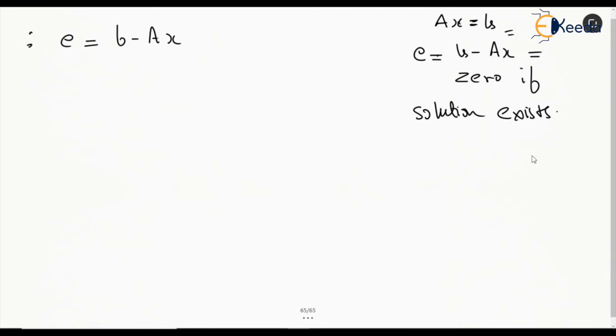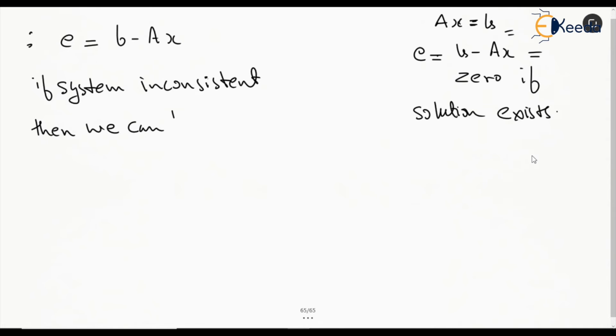But in cases where we don't have solutions, if the system is inconsistent, then we can try to minimize this error.